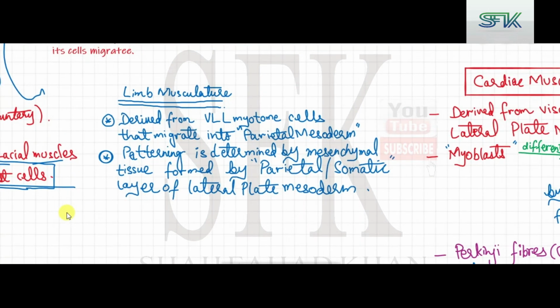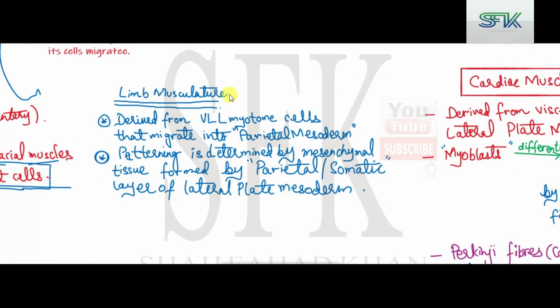Then coming to the limb musculature. There are two types of mesoderm that give rise to the limb musculature, and we've talked about both of them.